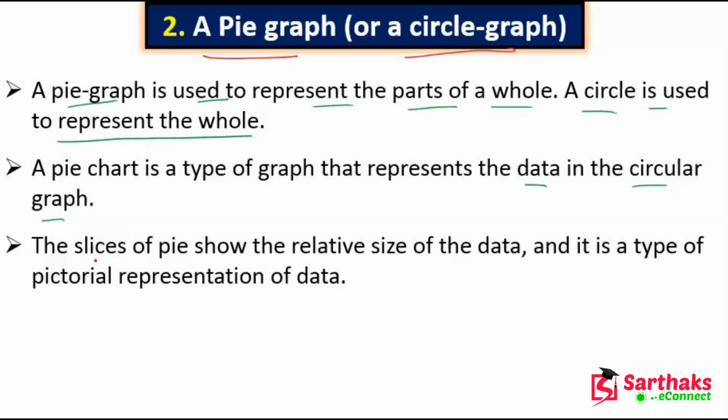So here the slices of the pie show the relative size of the data, and it is a type of pictorial representation of data. What are the slices in the pie? We will see later in the diagram.